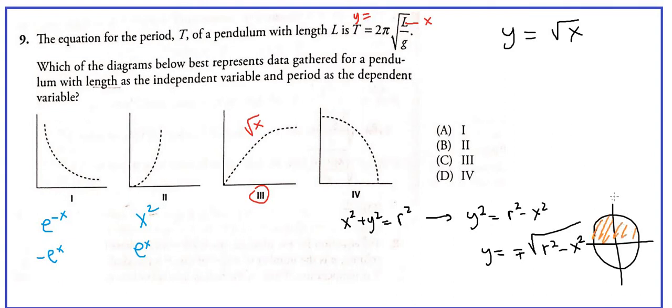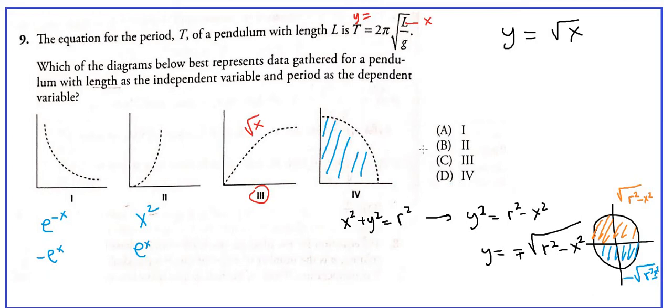If you would like to graph the quarter circle, you still use this equation, but you need to restrict x and y between the center and the radius. You need to restrict it below this curve and between the origin and wherever the radius ends.